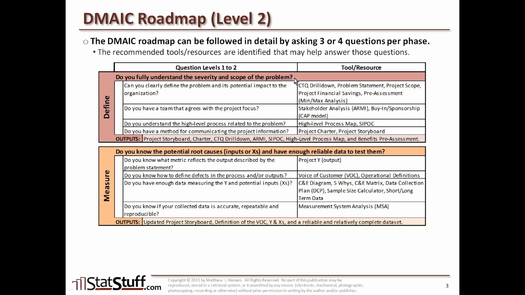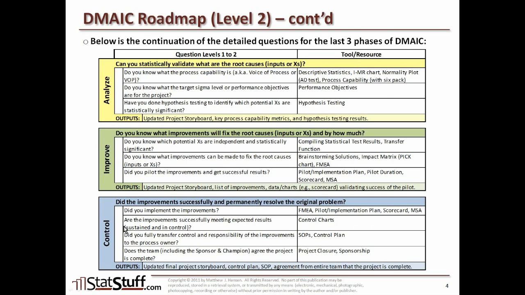And what we said is that the goal is to try to answer each of these top level questions for each phase, and then as you do answer yes to those questions, you move on to the next phase, and then to the sub questions within those phases, and so on, all the way through the control phase. That's the introduction again to what we did last time when we talked about the level 1 and level 2 questions for the DMAIC roadmap.